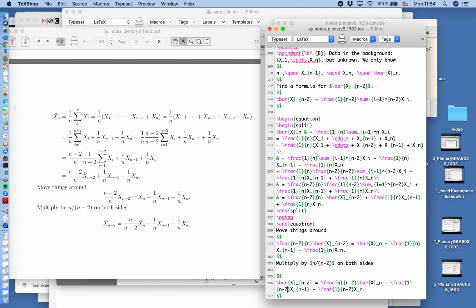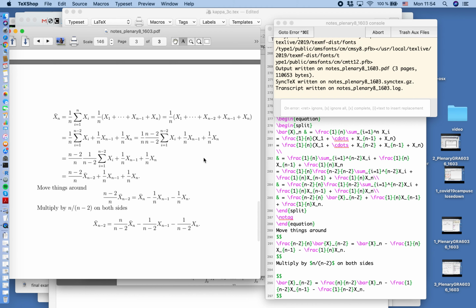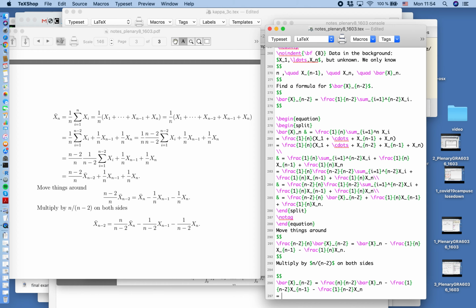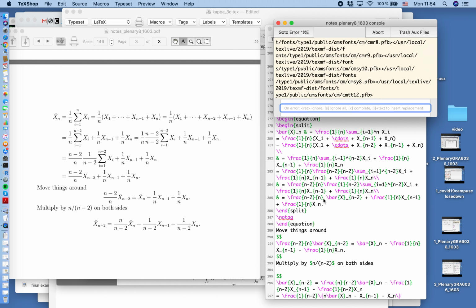We might write this as minus 2 and then some parentheses, and then that's the mean, like this, minus the second to last observation minus the last observation. And we have to remember to multiply this by n.